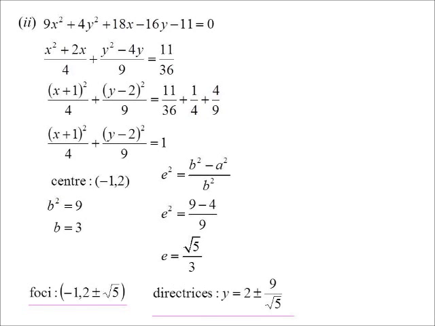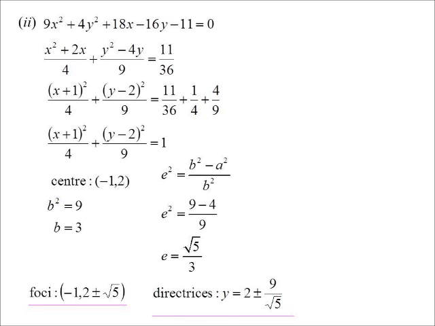So the foci then, well, if it was centred at (0, 0), I'd now simply go b times e, which is √5. But of course we've shifted it. We've shifted it to the left 1, so it'll be −1 for the x value, and up 2, so 2 plus or minus √5. There are the 2 foci. Directrices, same idea.